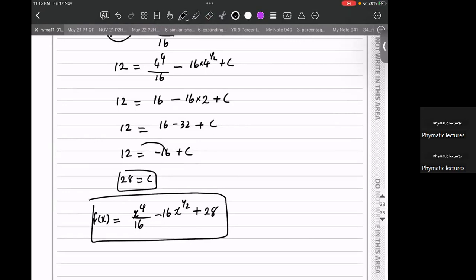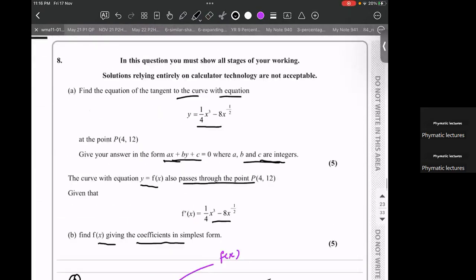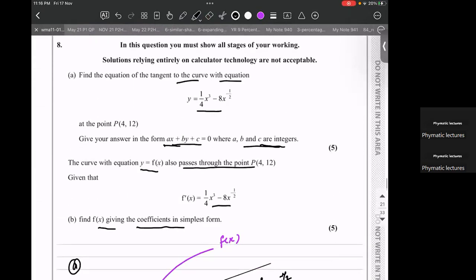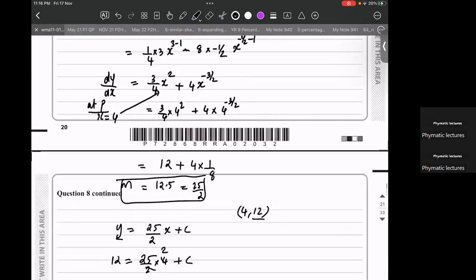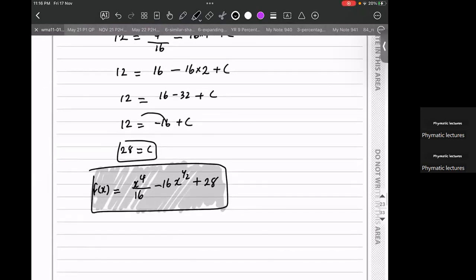So the mother function f of x is equal to x to the power of 4 by 16 minus 16 x to the power of 1 by 2 plus 28. Hope you got the idea about this question. Find f of x, give the coefficients in the simplest form. Our answers are completely in the simplest form. Correct? Yes. So that is the idea.